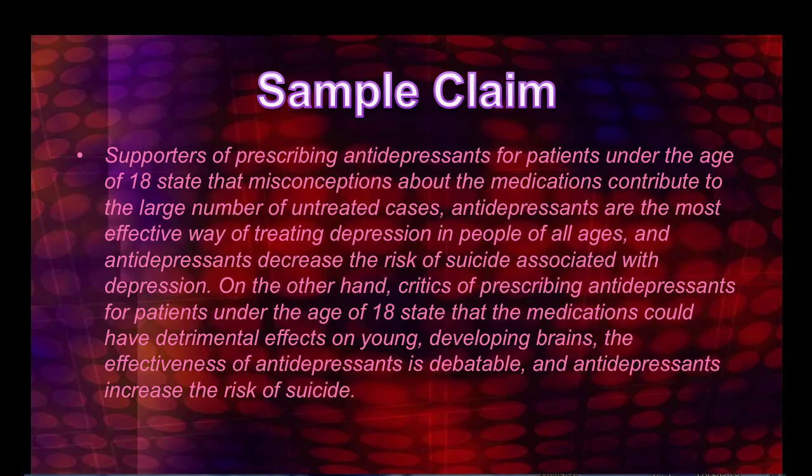We also are going to discuss 3 reasons for the critics. The main points that the critics make, that are going to be subtopics we're going to discuss in our paper, are that the medications might have bad effects on younger brains that are still developing, that whether or not antidepressants are effective is even somewhat questionable, and that antidepressants actually increase the risk of suicide.